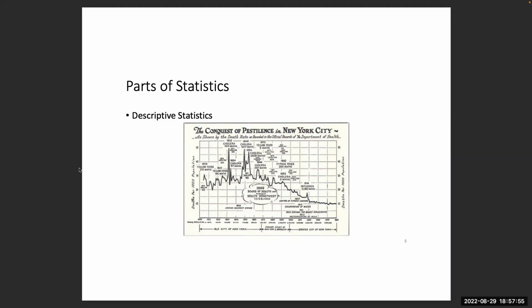You know that there was something going on, and there was actually some problem that was being observed. So this is descriptive statistics that would just be showing the pattern. Drawing inferences from it becomes then inferential statistics.